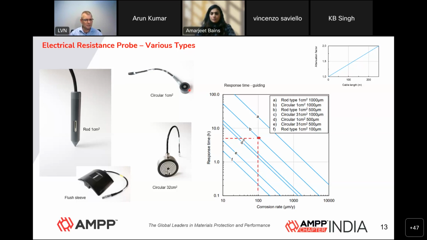So your recommendation is not to use a normal AC coupon, because I've seen pitting on some of the coupons in India. So your recommendation is to use an ER probe as an AC coupon? Yes, that is my clear recommendation. If you're looking for AC corrosion, I find so many advantages of using an ER probe as a coupon, because you are able to validate the coupon quality, and you are also capable of measuring the corrosion rate on that ER probe.